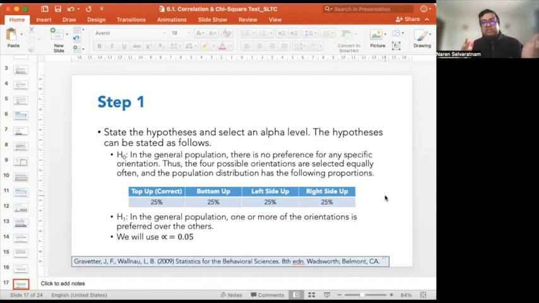If we have four choices in a society where there is no specific preference, each one should have 25%, right? 25% for the first choice, 25% for the second, 25% for the third, and the same for the fourth. But if there is some preference, one or more of the orientations will be preferred by others. That is our alternative hypothesis, which is what we are interested in demonstrating and accepting. For that, I am going to use an alpha of 0.05.